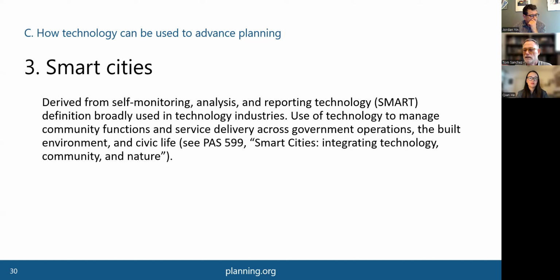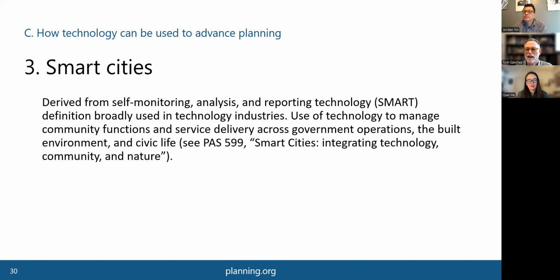So the use of technology to manage community functions, service delivery across government operations, the built environment, and civic life. And I think smart cities is one of those terms. It's like, I can't tell you exactly what one is, but I know one when I see one. Or I know one tells me that that's what it is.